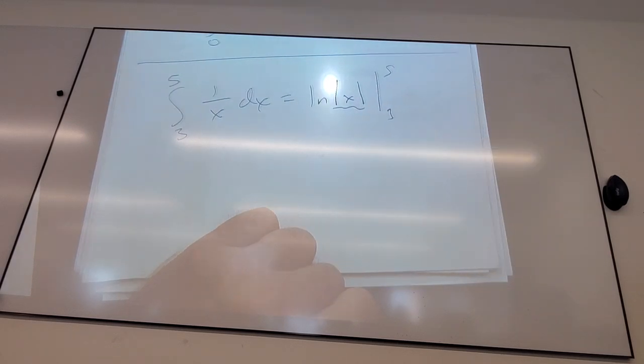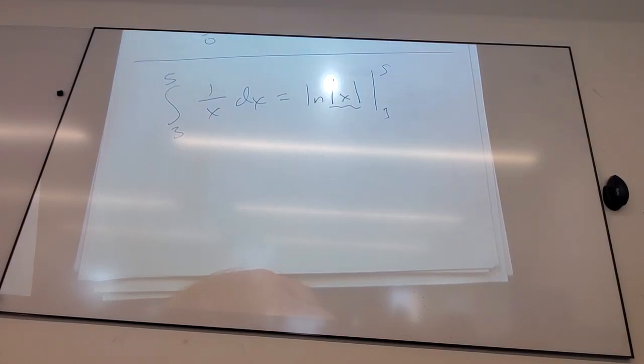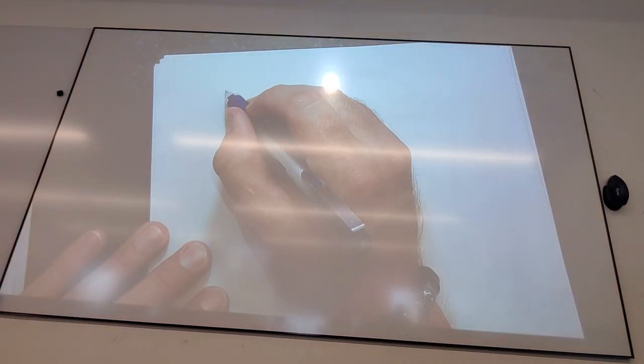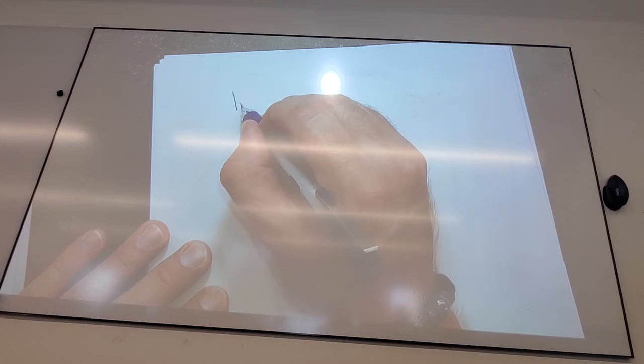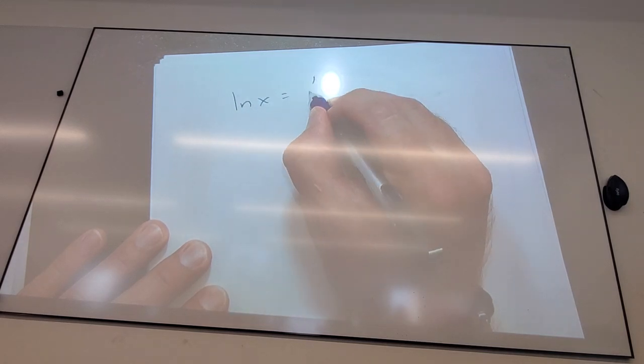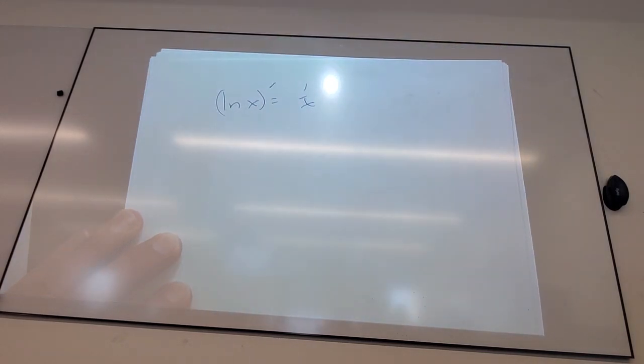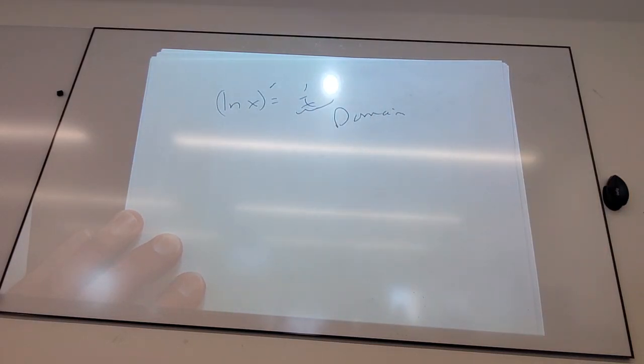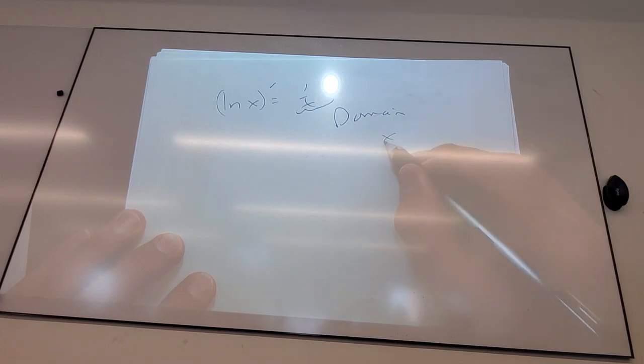Do you guys remember that? Okay, real quick, side note. Don't even write this down. Well, I don't know, write it down. Do you all agree the derivative of natural log of x is 1 over x? What's this guy's domain? Everything except 0, so a nice way to write that is this.